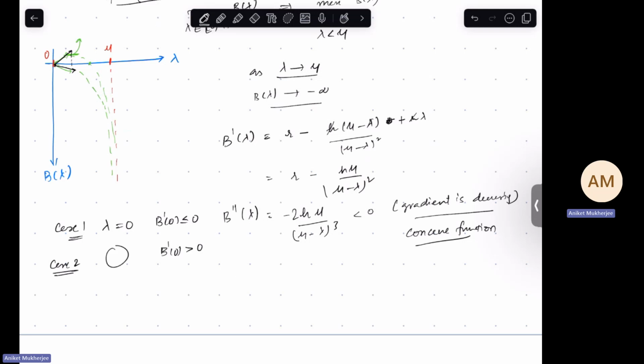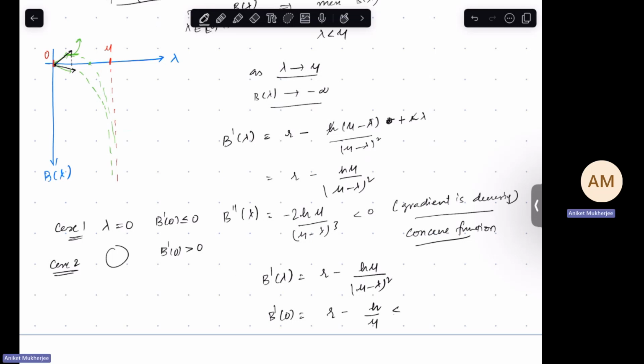So first, gradient at 0. So we know that v dash of lambda equals r minus h mu by (mu minus lambda) whole square, and gradient at 0 equals r minus h by mu.